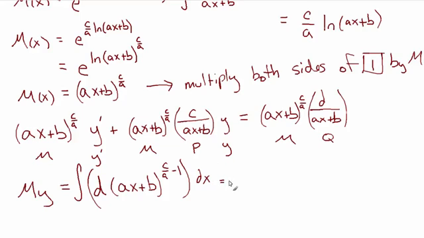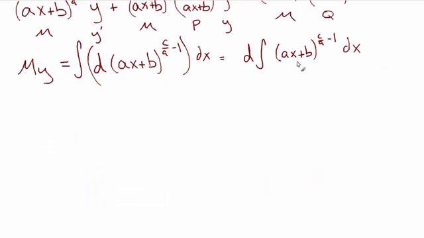I'm going to pass the d through and write the integral of (ax + b) raised to the c over a minus 1 with respect to x. And now we want to increase the exponent by 1. So that's going to be d times the quantity (ax + b) raised to the c over a, since we've increased the exponent by 1.